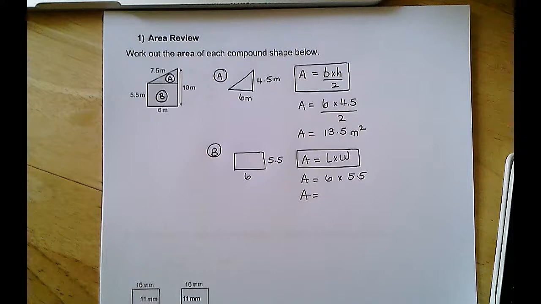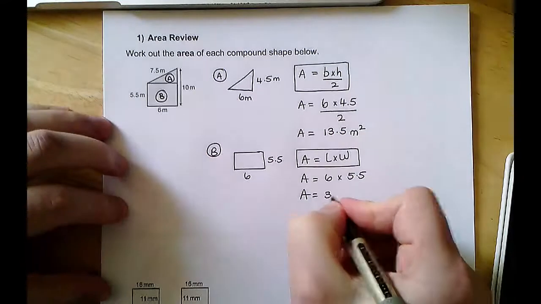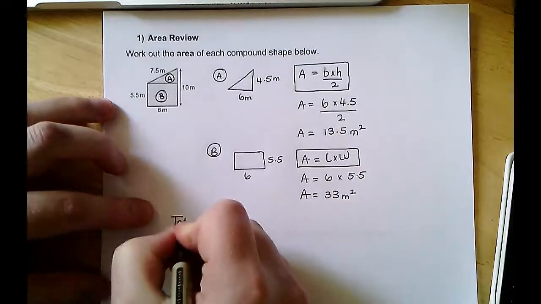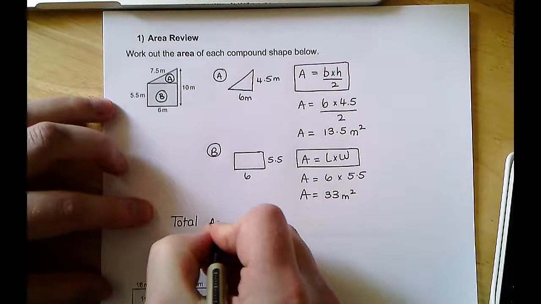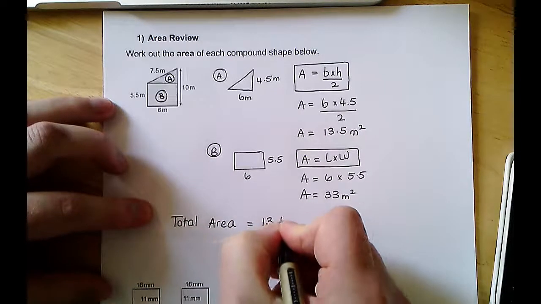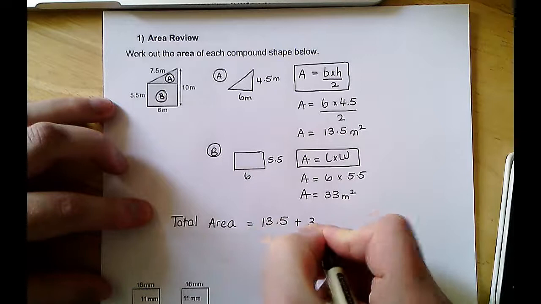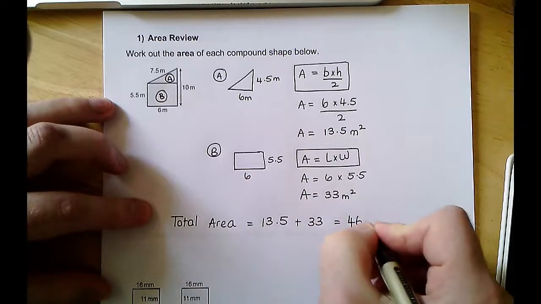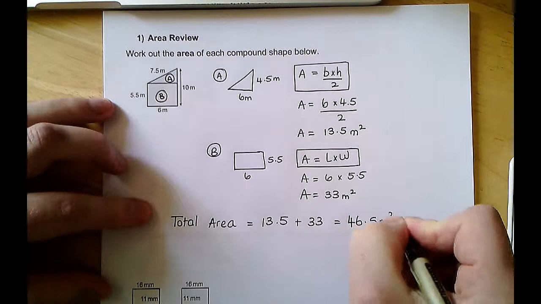So 6 lots of 5.5 is 33 square meters. So the total area is 13.5 plus 33, which gives you 46.5 square meters.